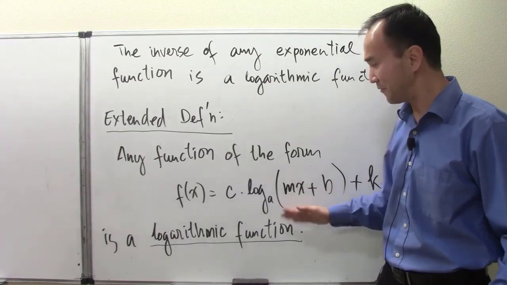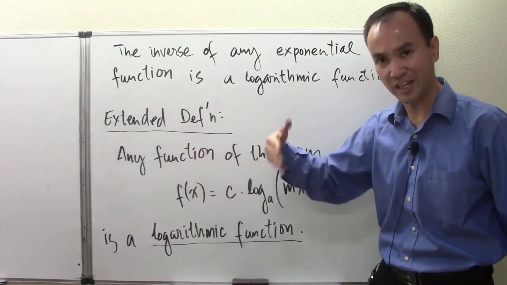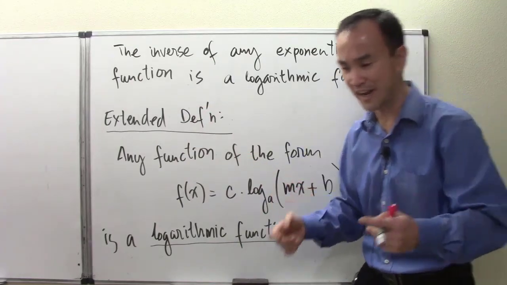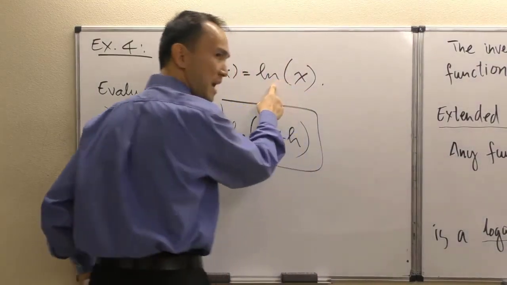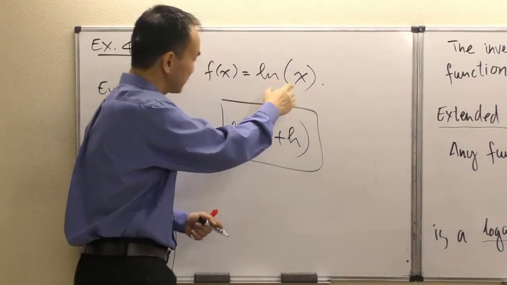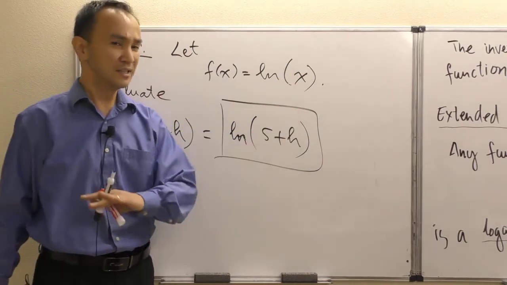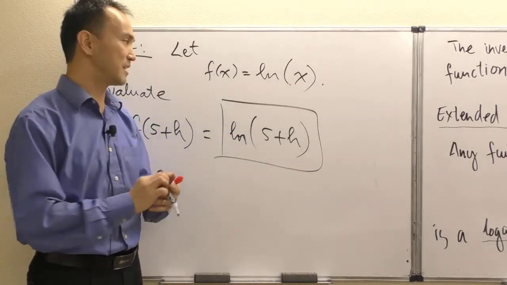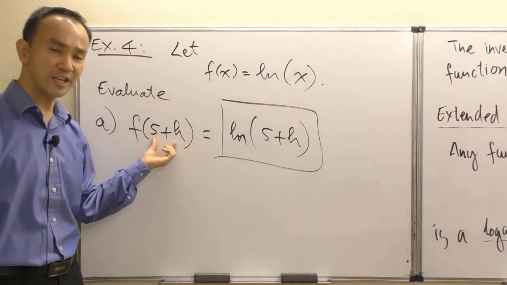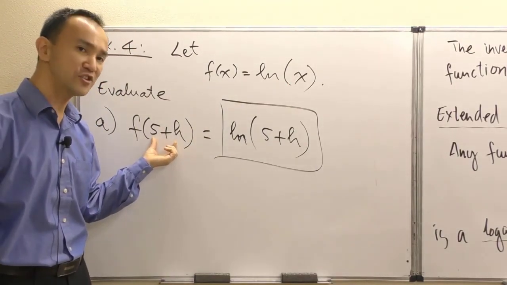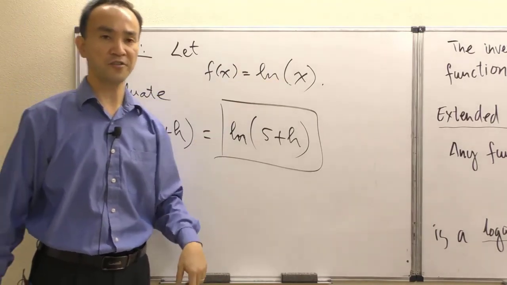Before we get into the more complicated types of problems, I want you to get used to the idea that we start out with one simple logarithm. You can think of that as a logarithm function or a logarithm operation, whichever way you want. But then the argument there is now an input larger than just a simple x, larger than just a number. Take that input, throw it into the function.